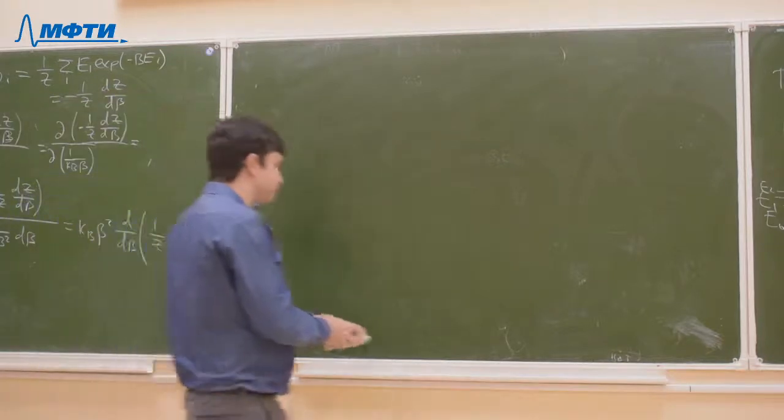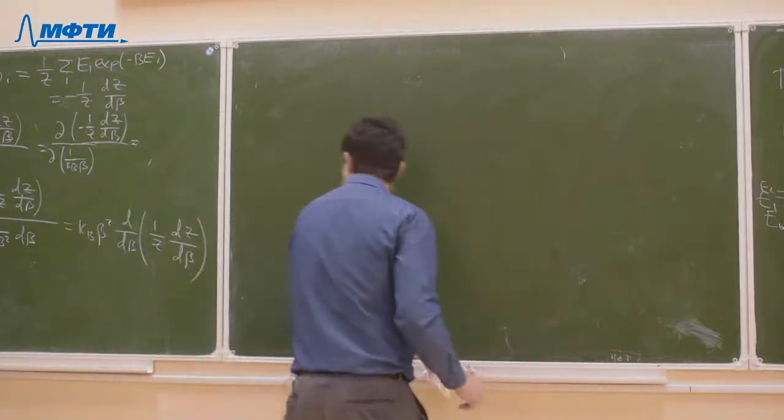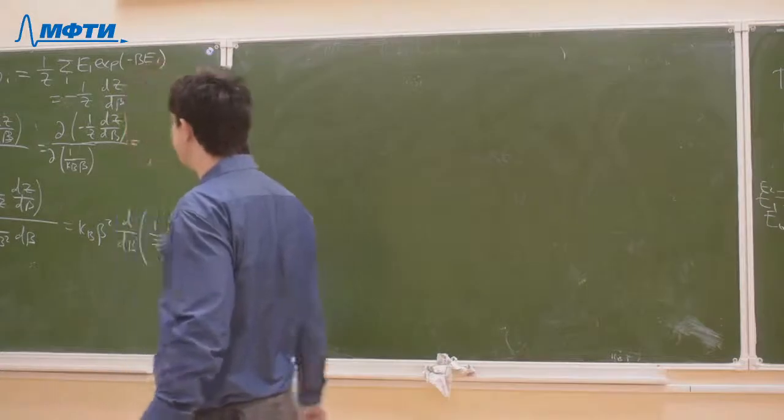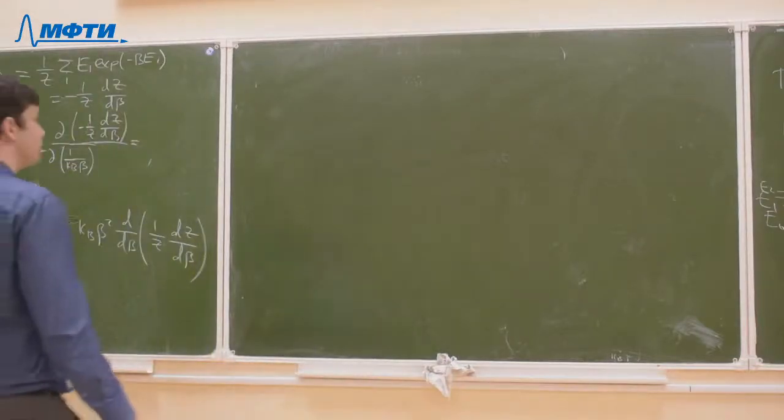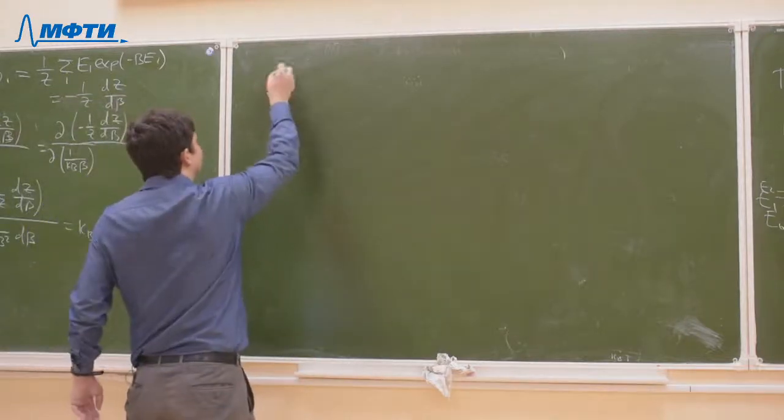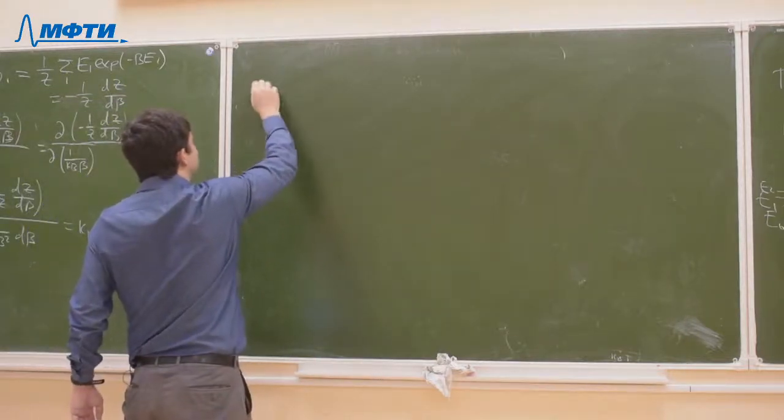As we have a bit of time, I would like to derive the heat capacity of the oscillator. So let's assume that we have some oscillatory degrees of freedom.